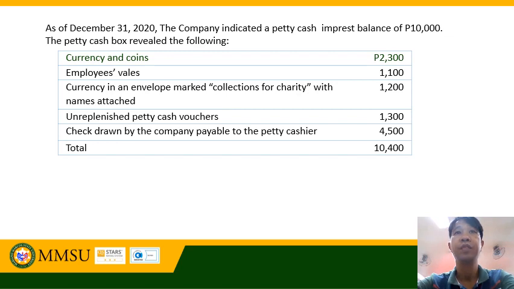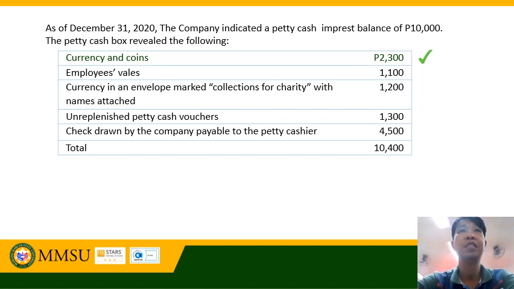Okay, and that will be your basis for the adjustment. Currency and coins, of course, this is a part of petty cash fund. The employee vales, these are IOUs. These are advances given to employees.